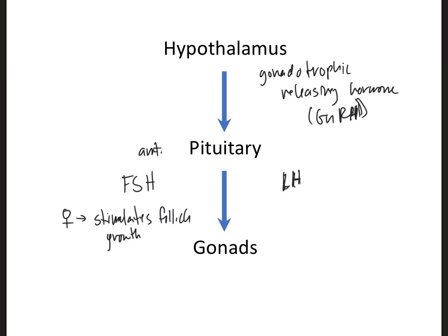So that stimulates follicular growth. And in males, well, what's the follicle in males? What would you consider to be the analogous structure to a follicle in males? What do you think?